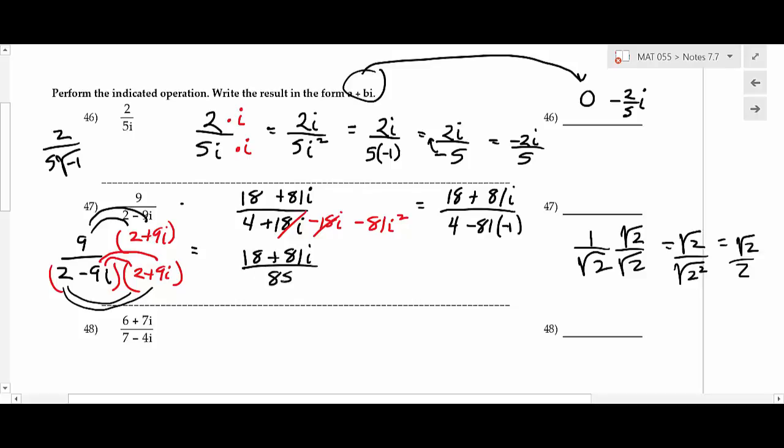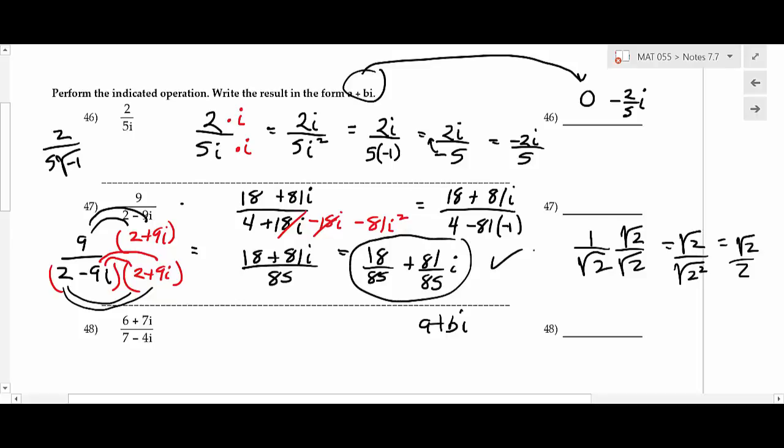Now there's one other thing you want to do with this problem. Since we want to write this in the a plus bi form, you go ahead and write this as 18 over 85, just splitting it into 2 parts, and then plus 81 over 85 i. You write those as fractions. That's the preferred way to do that.